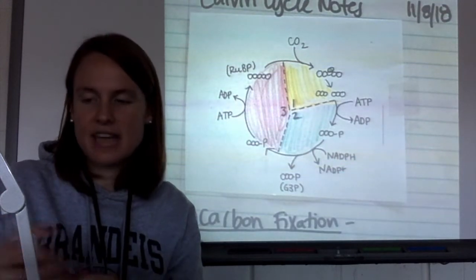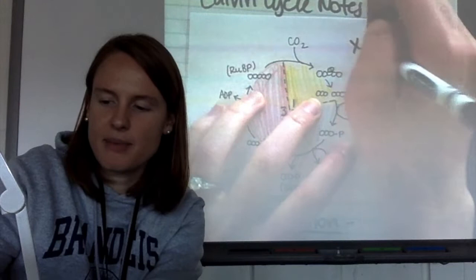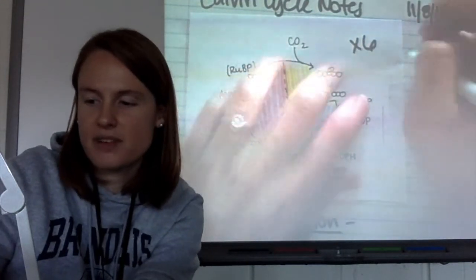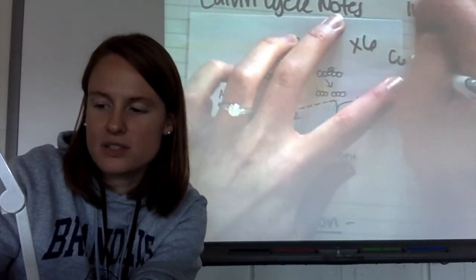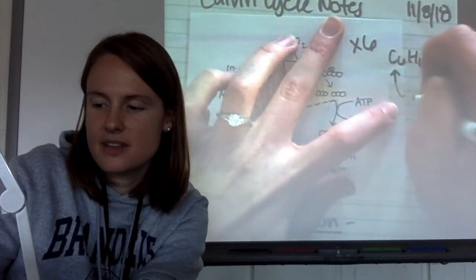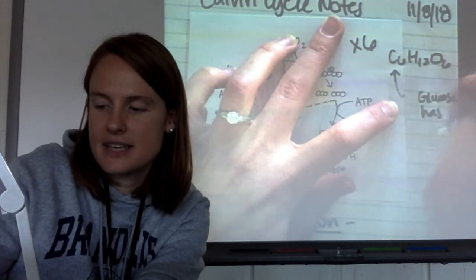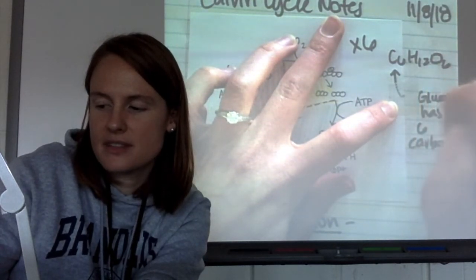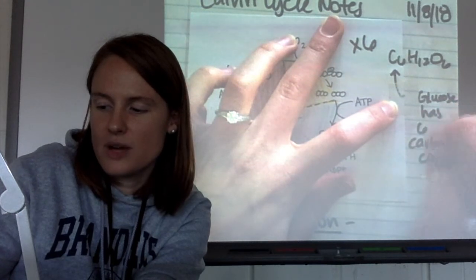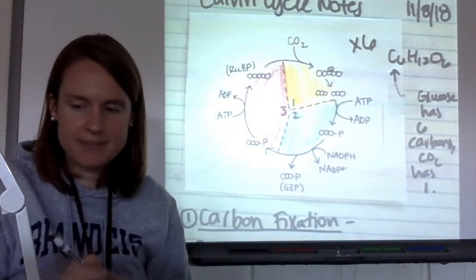I mean it happens like thousands, millions of times, but I think about it happening 6 times specifically because glucose has 6 carbons and CO2 has 1. So that's something to keep in mind.